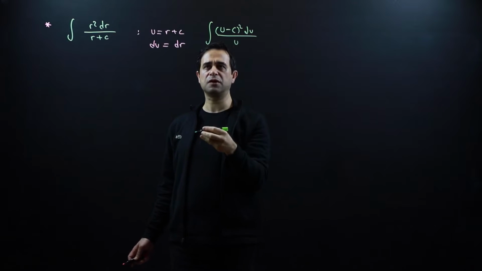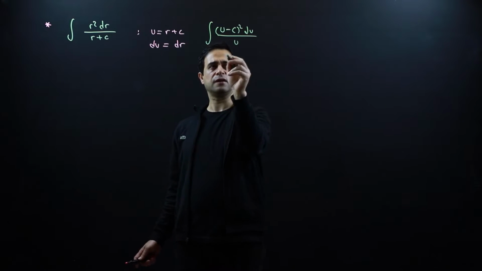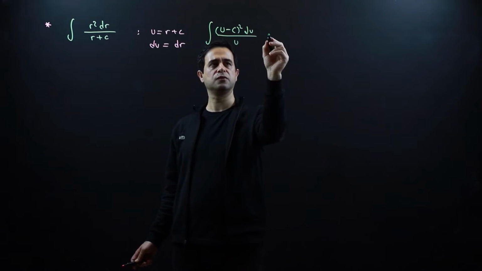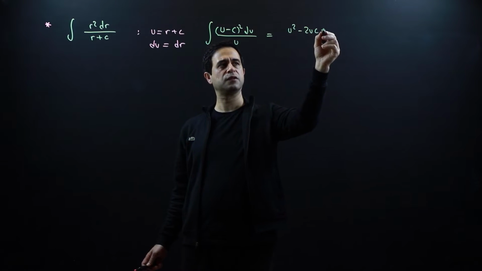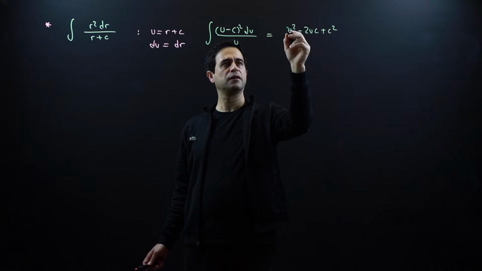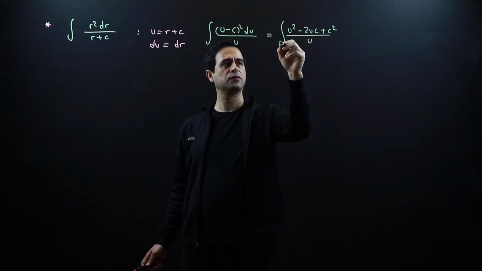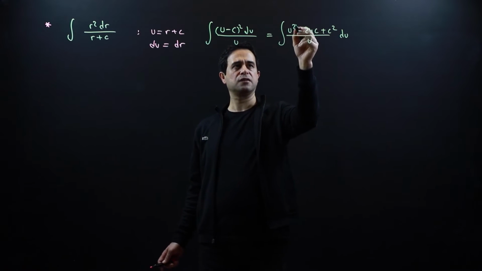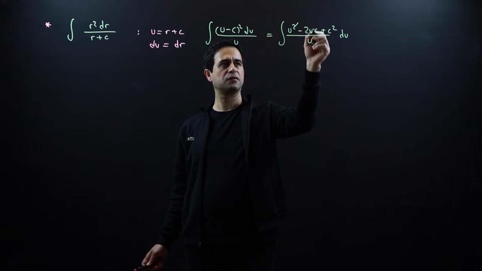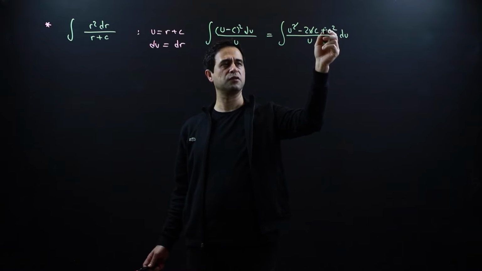And now you have multiple terms in here, and that will be equal to u squared minus 2uc plus c squared, all divided by u. And then if you do the cancellations, that's going to go away, that's going to go away, and this is going to be c squared over u.